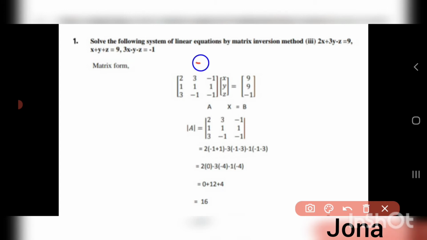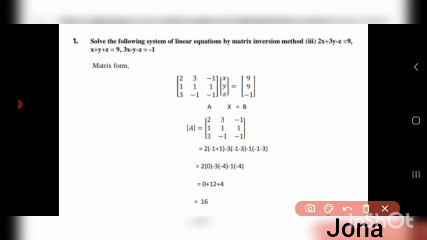It's nothing but 2, 3, minus 1. For the second equation it is 1, 1, 1. For the third equation it is 3, minus 1, minus 1. And then the variables are x, y, z, and the constants on the right hand side are 9, 9, minus 1. So we should write like this here.